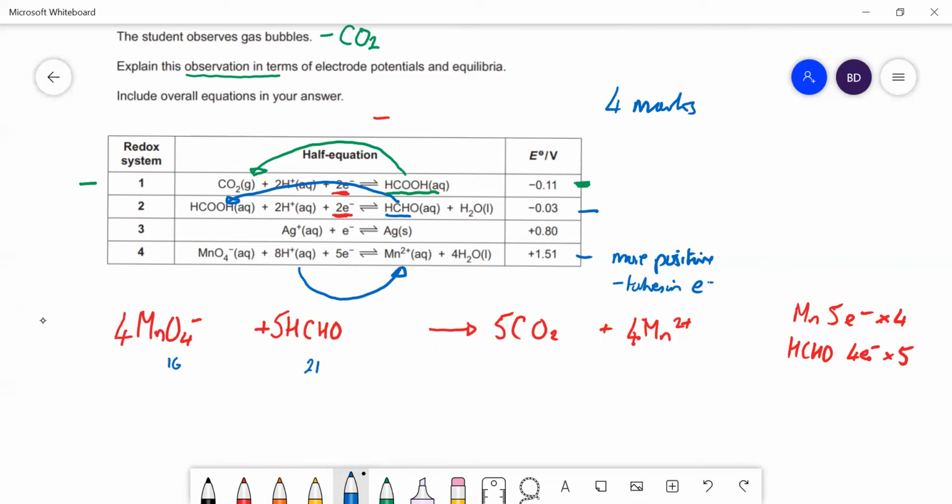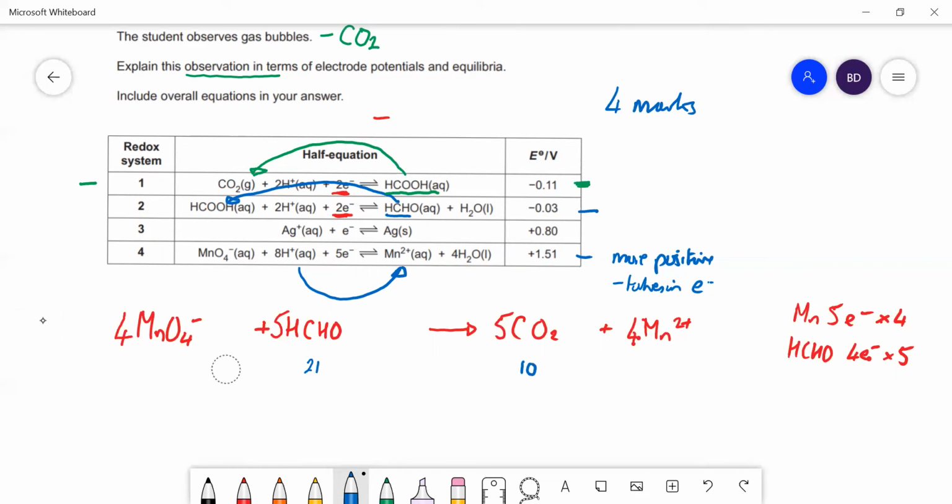So we've got a total of 21. And we have only got 5 times 2, we've got 10 there. So that means we are missing 11 oxygens.